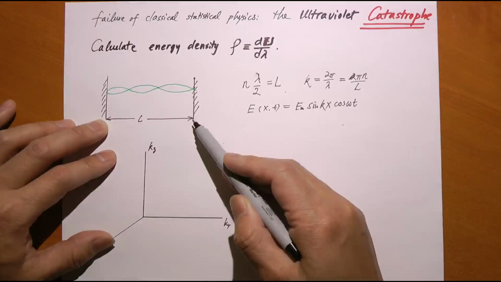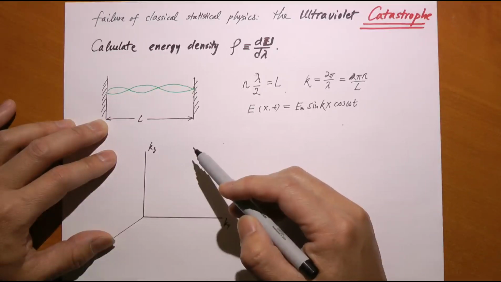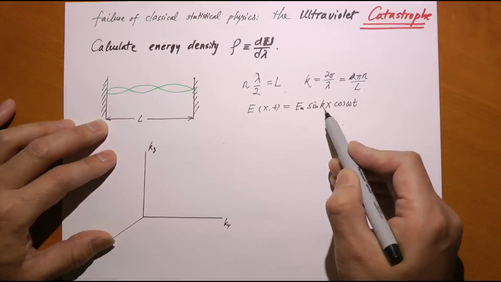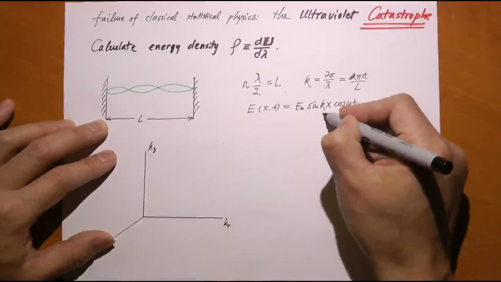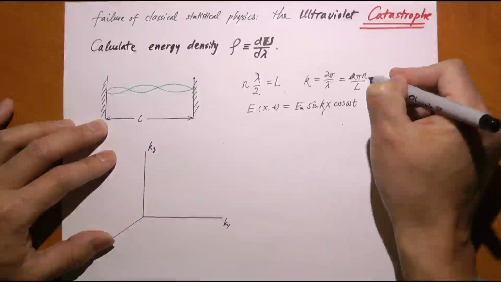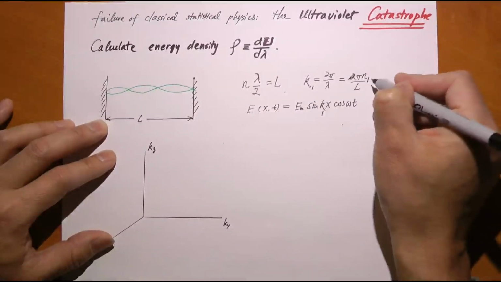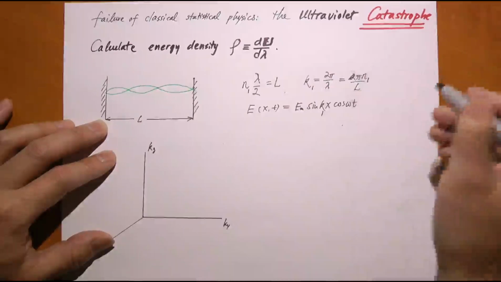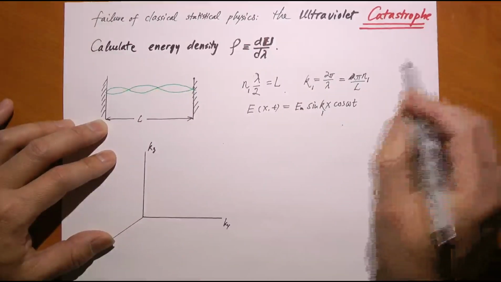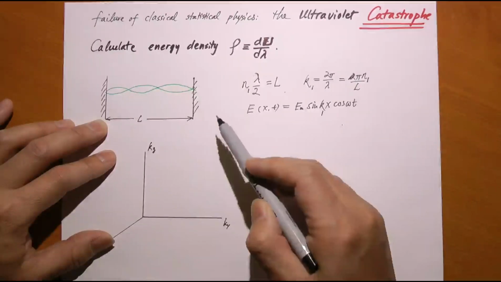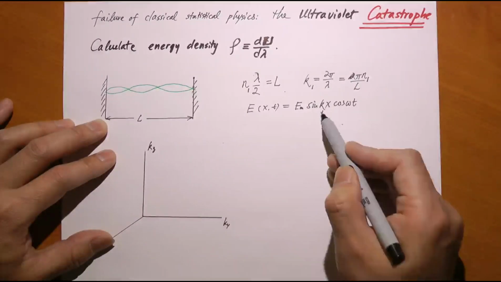Remember, the box is 3-dimensional, so it must be a standing wave in the y direction and z direction as well. In fact, this is only the x component of the wave vector, k1, and the corresponding integer is n1. You should also make sure that the wave is also a standing wave in the y direction and z direction. So you have k2 and k3.